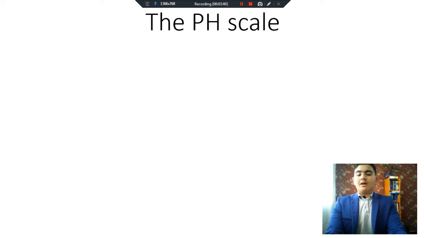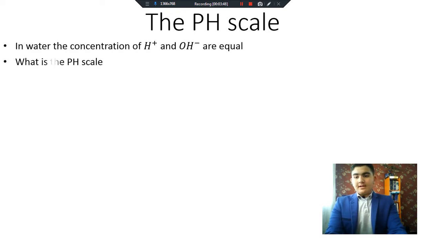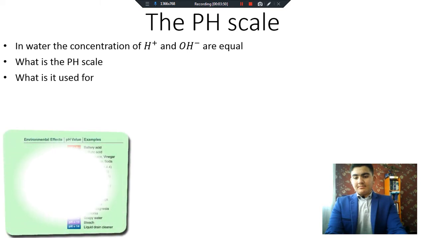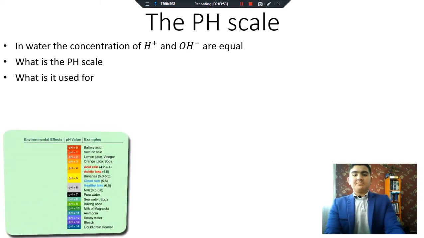I'm sure you know this, but biologists use something called a pH scale to describe how acidic or basic a solution is. This is an example of the pH scale.